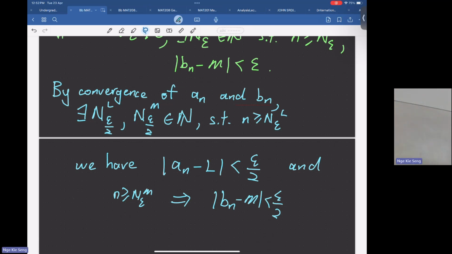So there's this natural number such that AN converges. There's this natural number for BN such that BN converges. This is what I want to say. Just now I was being lazy and it was the wrong thing. I'm just trying to write down the convergence statement for AN and BN.